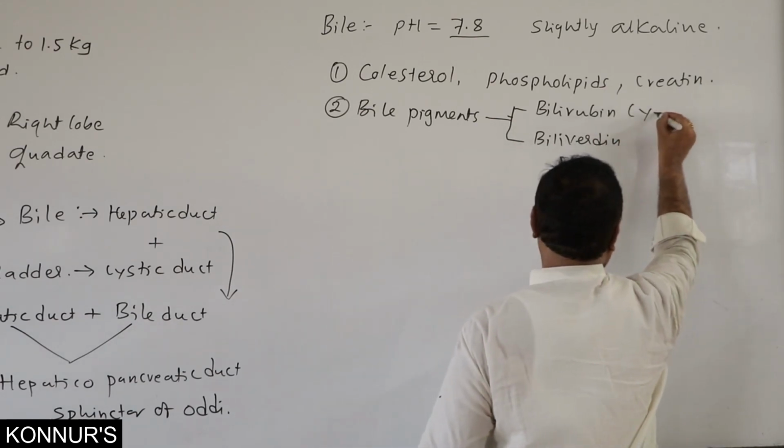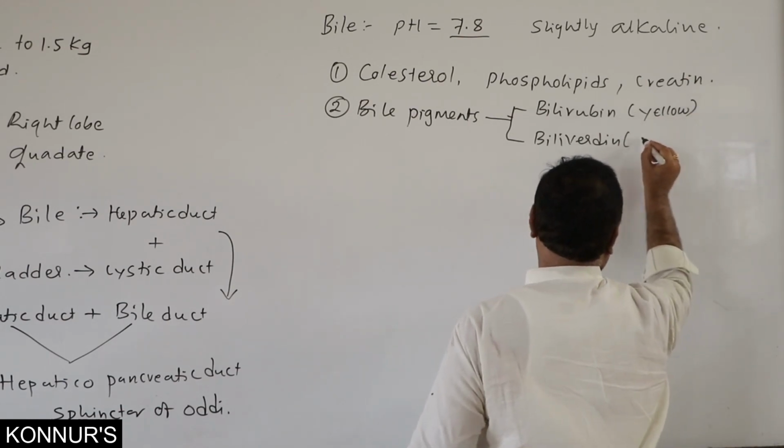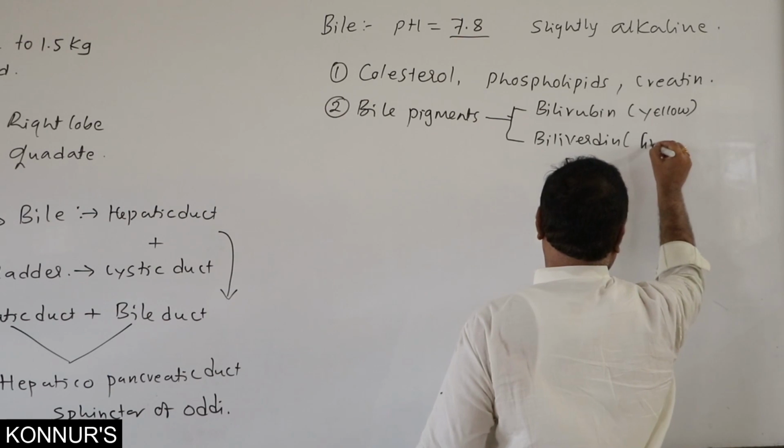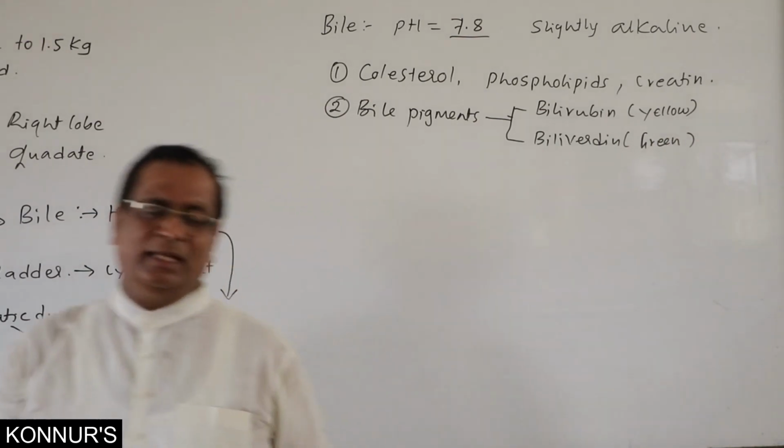Bilirubin is yellow in color and biliverdin is green in color. These are the two bile pigments.